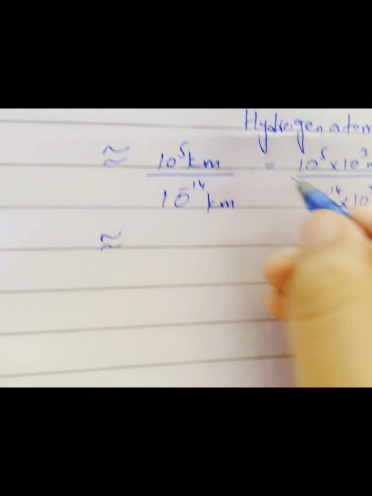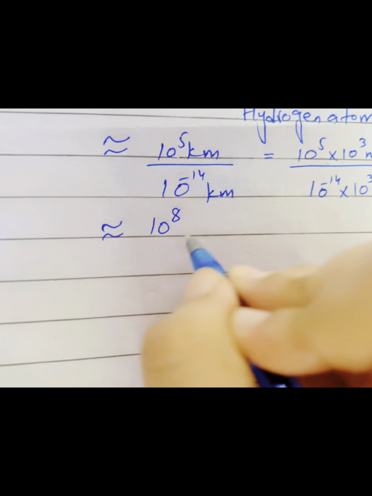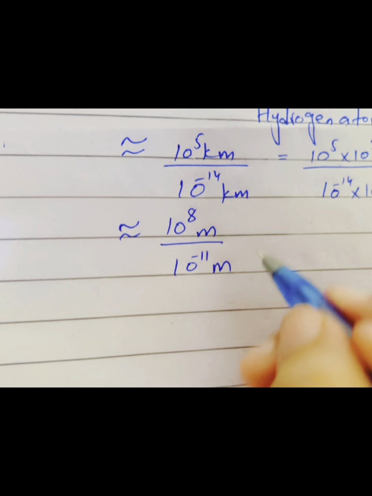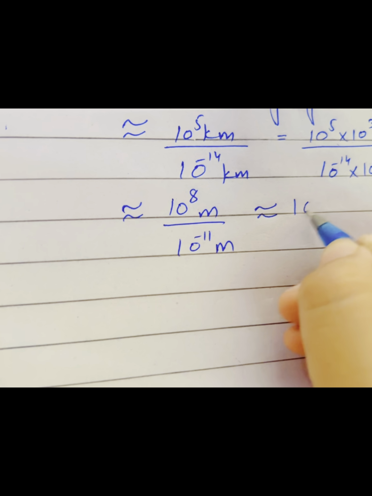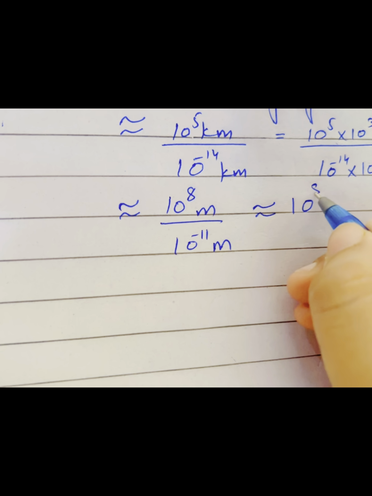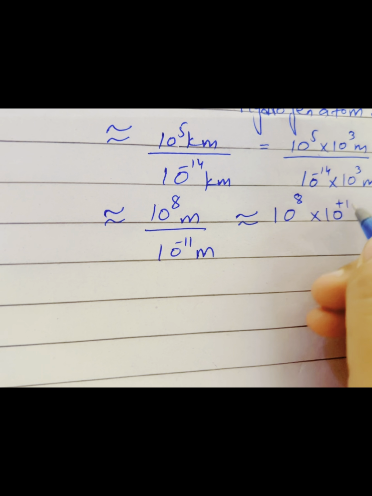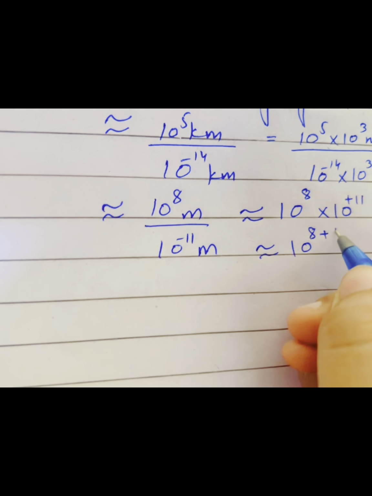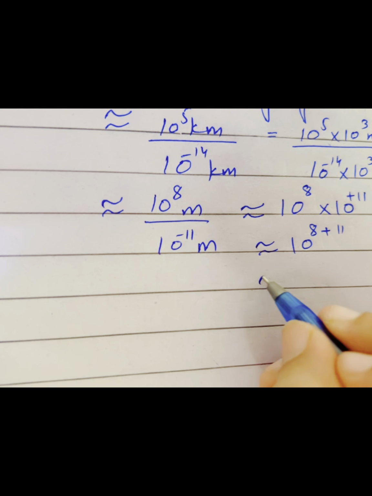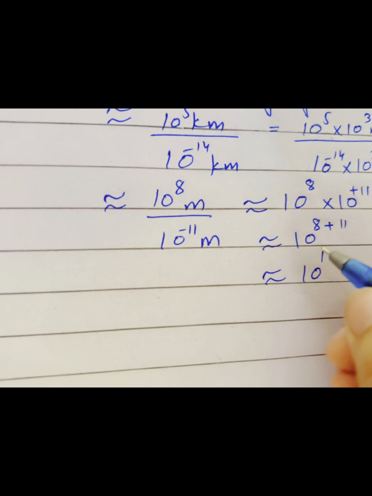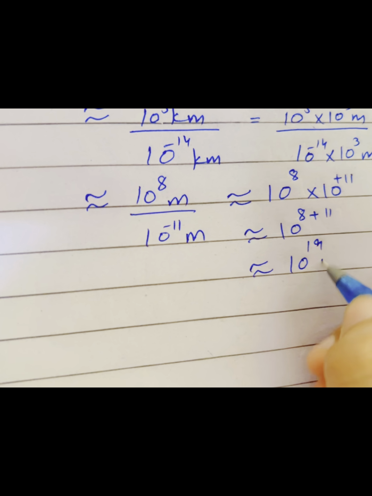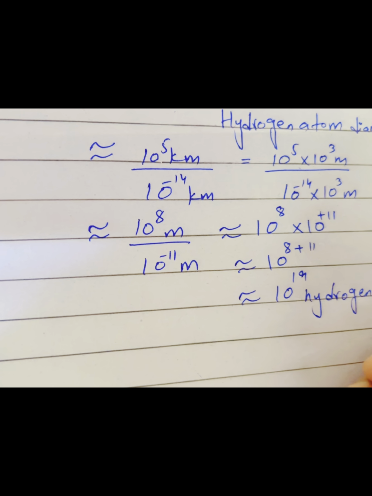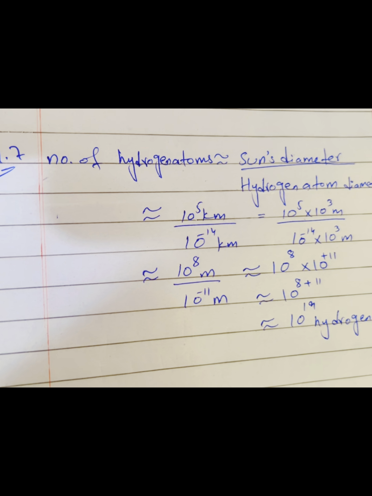It would become 10 raised to power 8 meters divided by 10 raised to power minus 11 meters. The final answer is 10 raised to power 8 multiplied by 10 raised to power plus 11. The bases are the same, so we can add powers. The answer is 10 raised to power 19 hydrogen atoms. So this is numerical number 1.7.